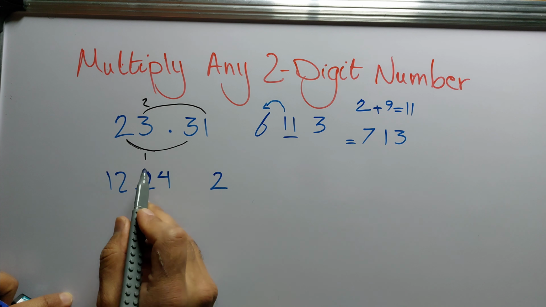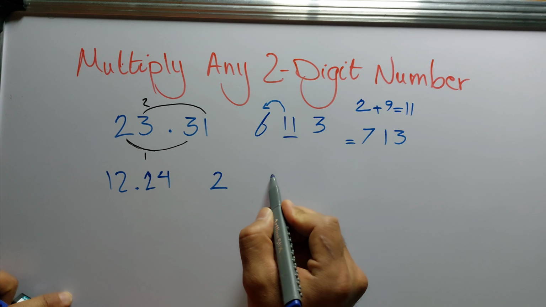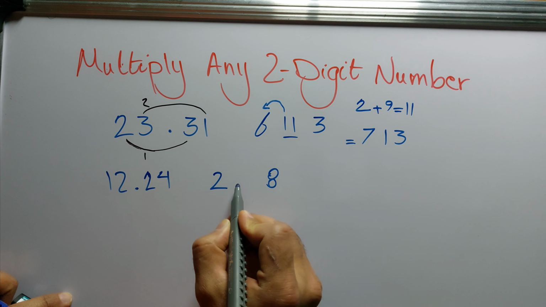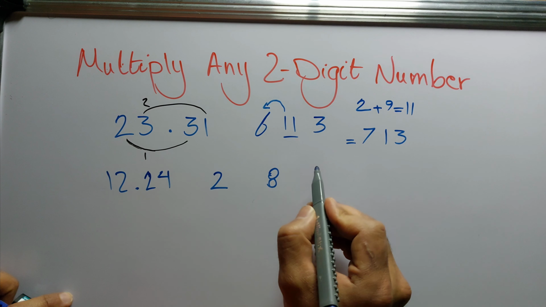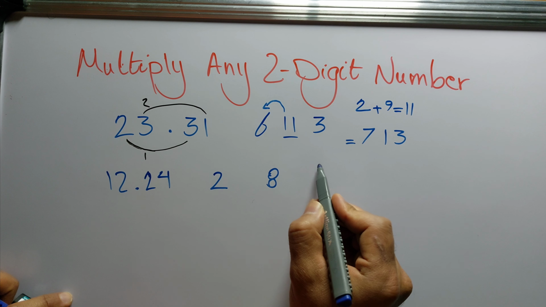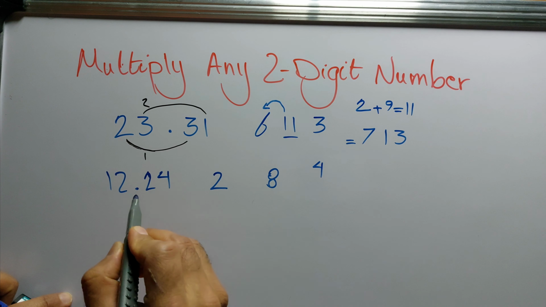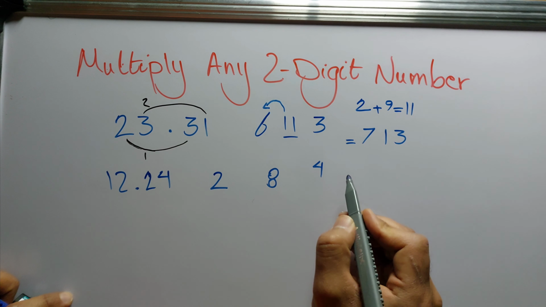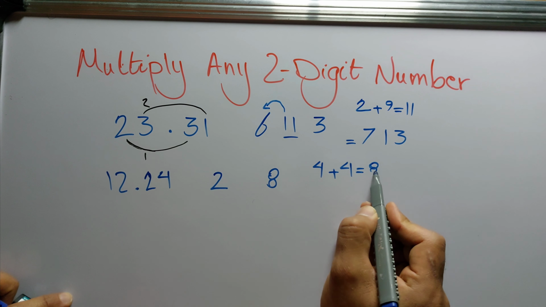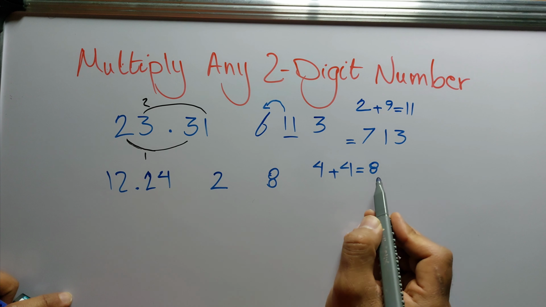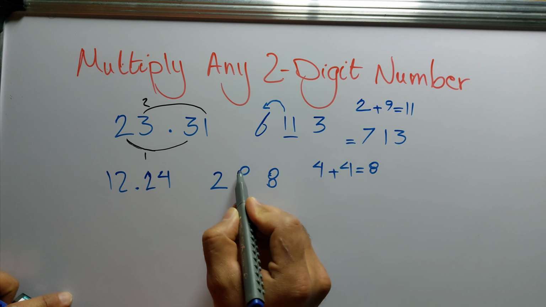And then the second digits, 2 times 4 is 8. Leave some space in the middle. And then the outer digits, 1 times 4 is 4, plus the inner digits, 2 times 2, which is 4 again, which becomes 8. Because it is just a single digit, you should just put it here.